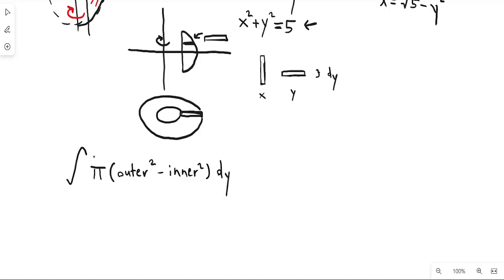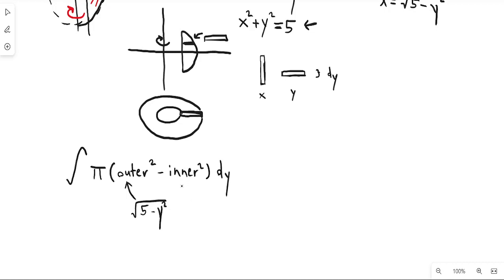And we'll find the bounds of integration. But I know what my outer radius is going to be, right? This is going to be whichever function was further out. So that's going to be the square root of 5 minus y squared.